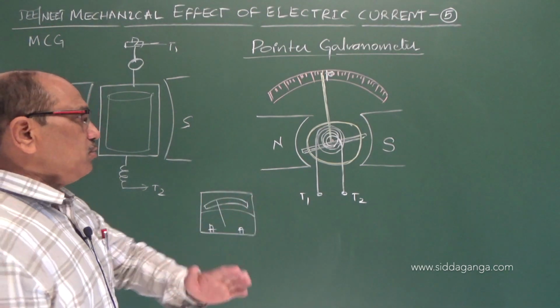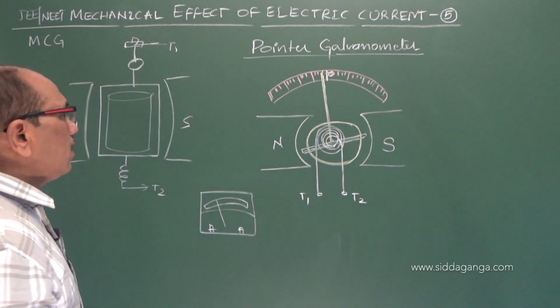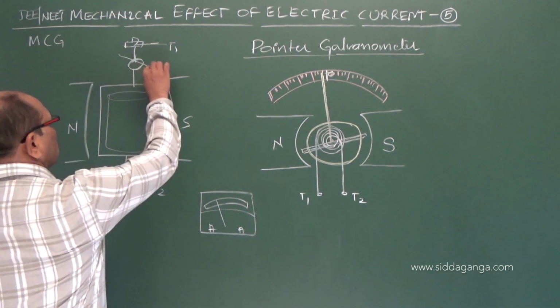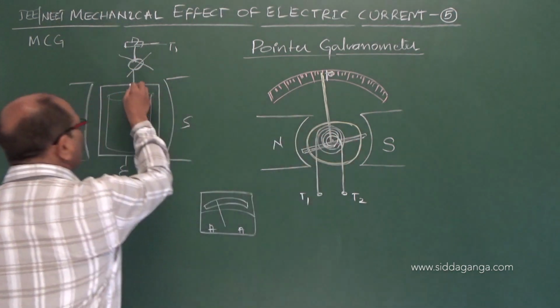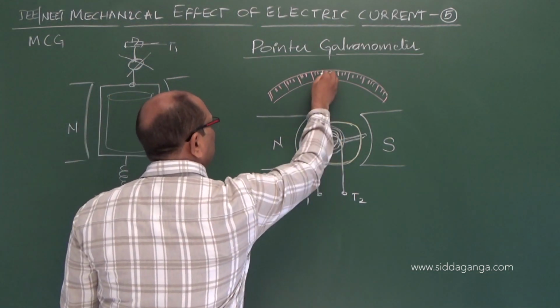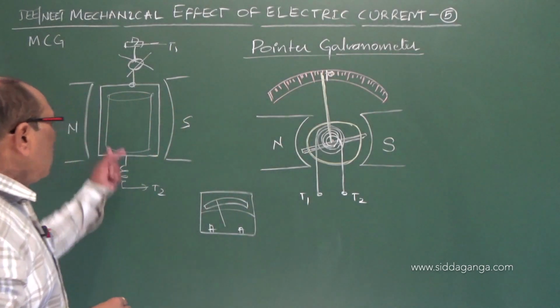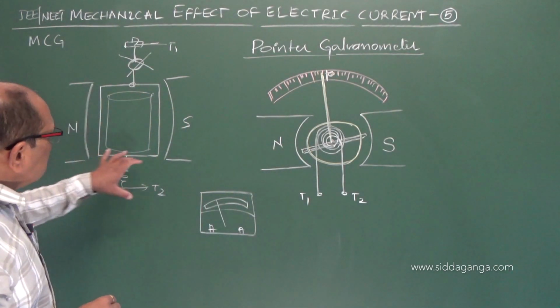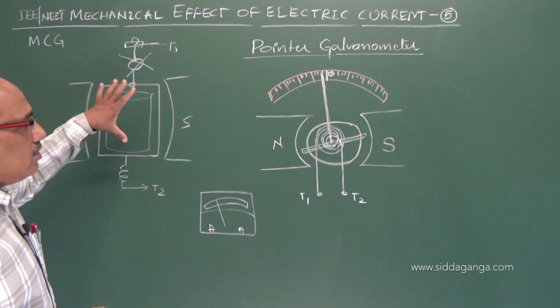Lamp and scale is removed and the scale is brought within the device, within the system. And the mirror and torsion head are removed. Instead, at the head of the coil we joined a pointer which can run on the scale with center 0. And again the coil is the same. Instead of the suspension, the support is with jeweled bearings.